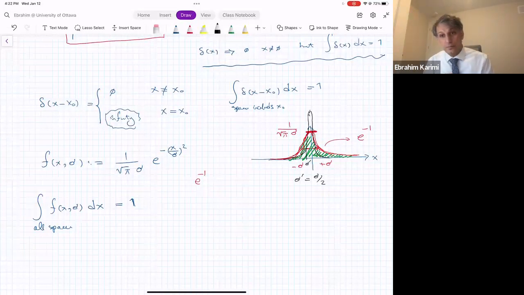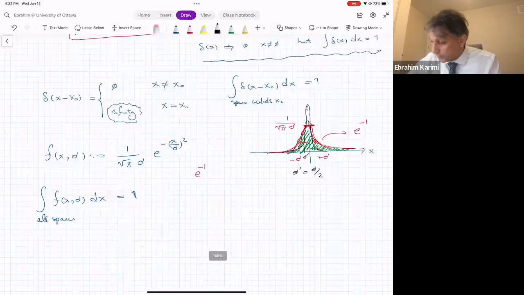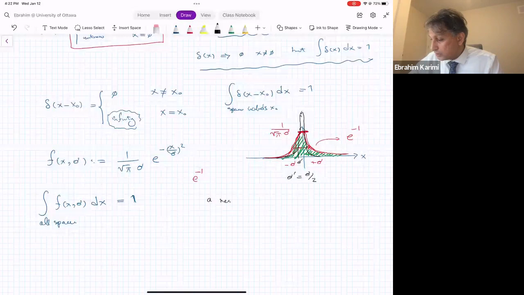Okay. So what I'm doing, guys, if you pay attention, now I'm assuming a new sigma, which I call sigma prime, and the sigma prime has a value of sigma divided by 2, where sigma is what I plotted there.